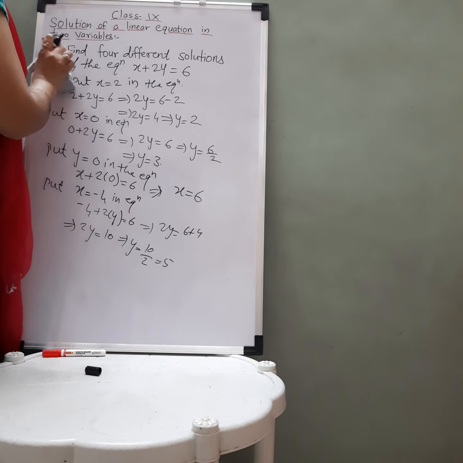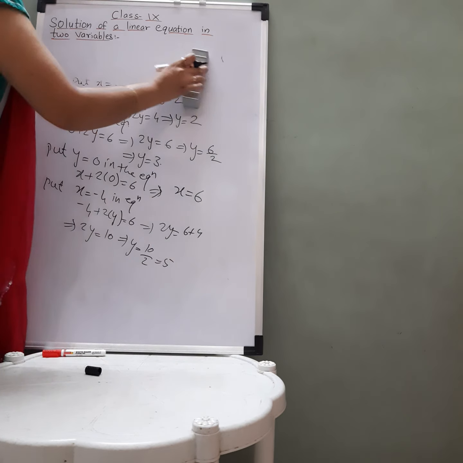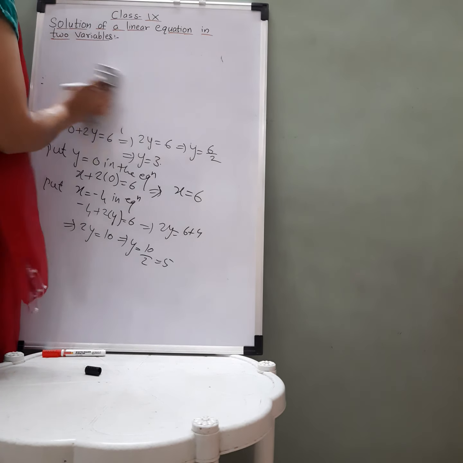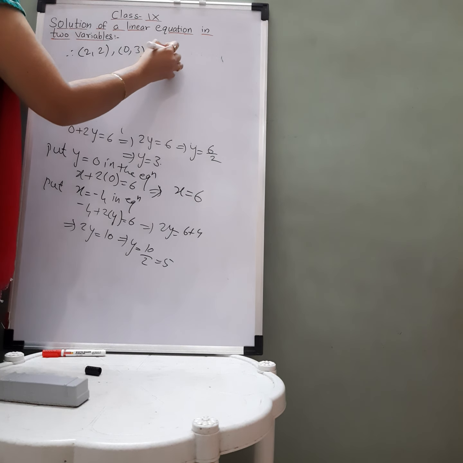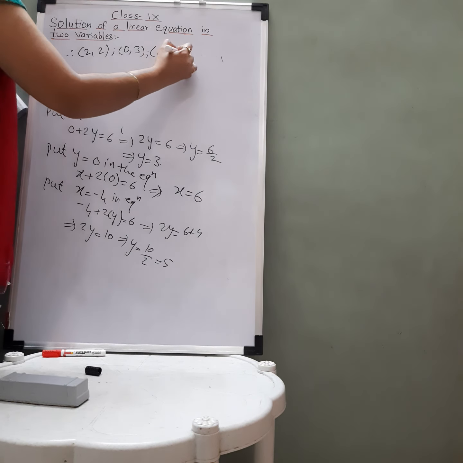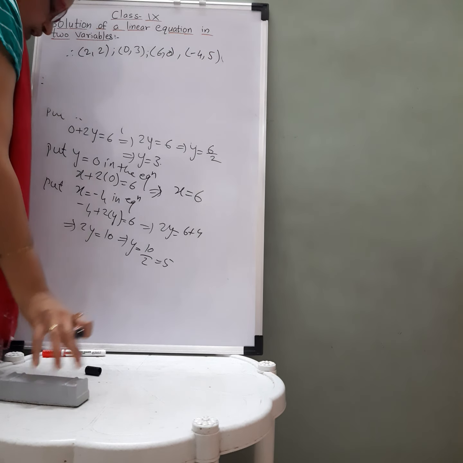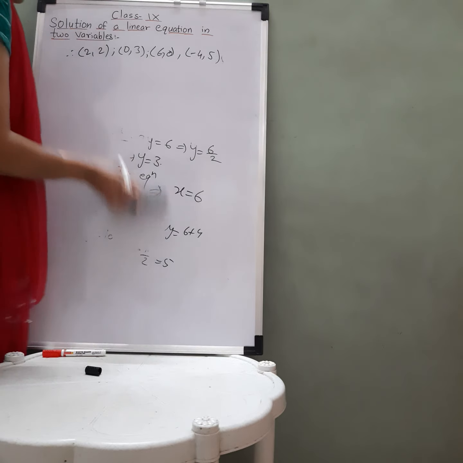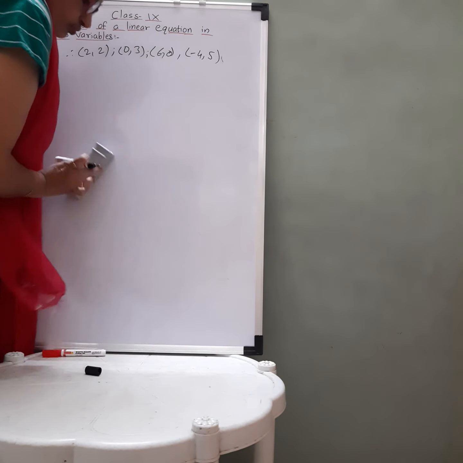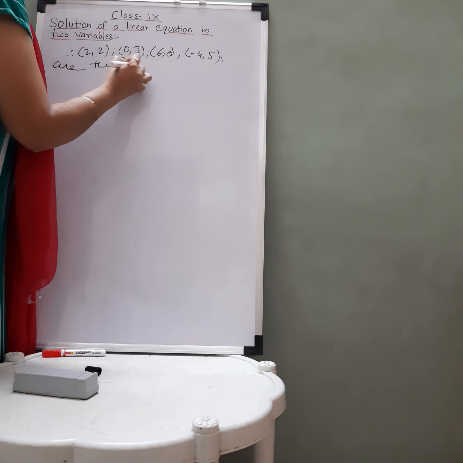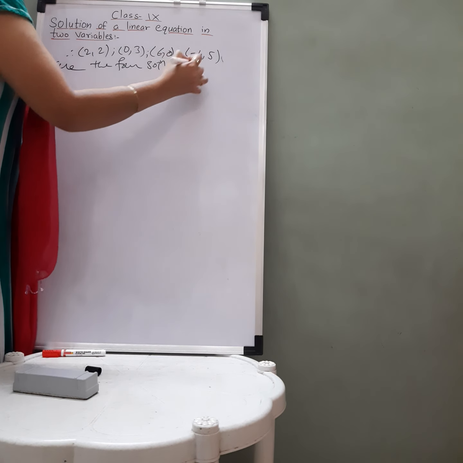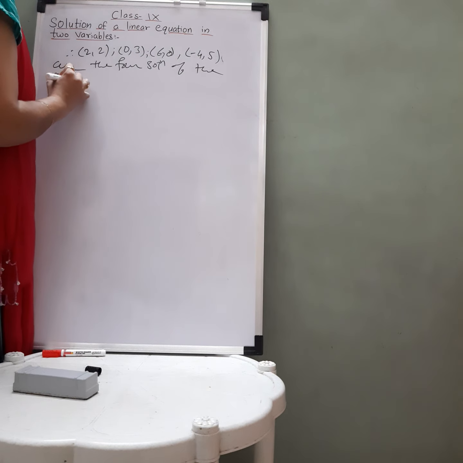Therefore, we can write these: (2, 2), (0, 3), (6, 0) and (minus 4, 5) are the 4 solutions of the given equation.